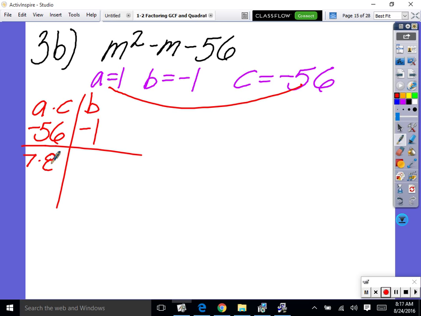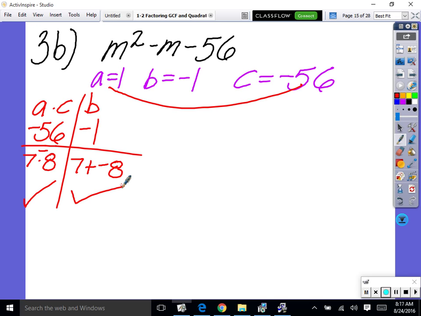So 7 times 8 equals 56, right? But it needs to multiply to be negative 56. One of them needs to be negative. It needs to add up to be negative 1, right? So which one needs to be negative? Negative 8, right? Because 7 plus negative 8 is negative 1. It has to work in both boxes, and it does, right? Those are our factors. Is our A value 1?